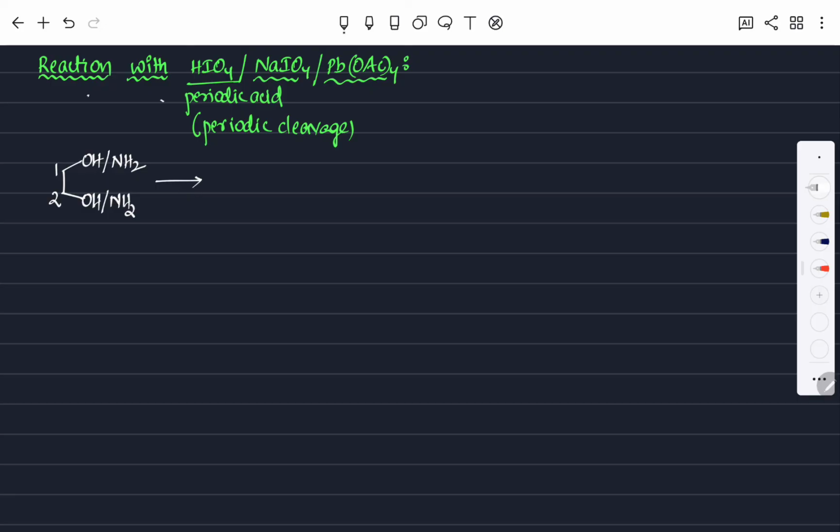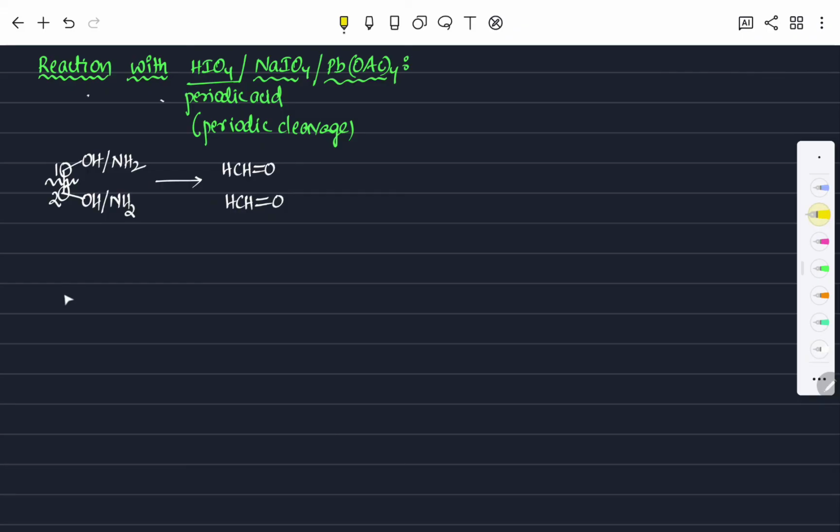When you use these reagents, we have to break the C-C bond, and each carbon undergoes oxidation. The first carbon is converted into aldehyde, and the second carbon also is converted into aldehyde.